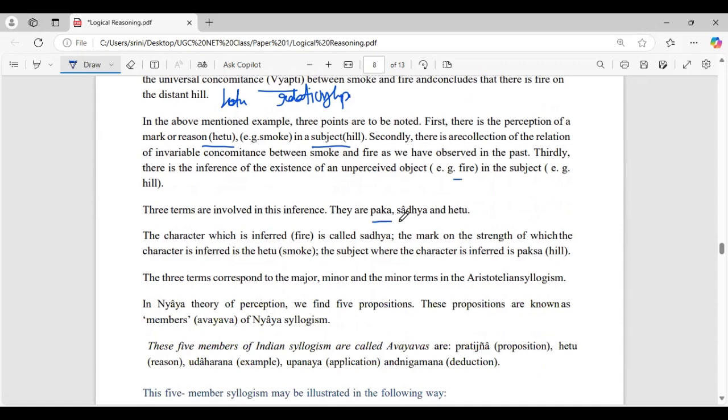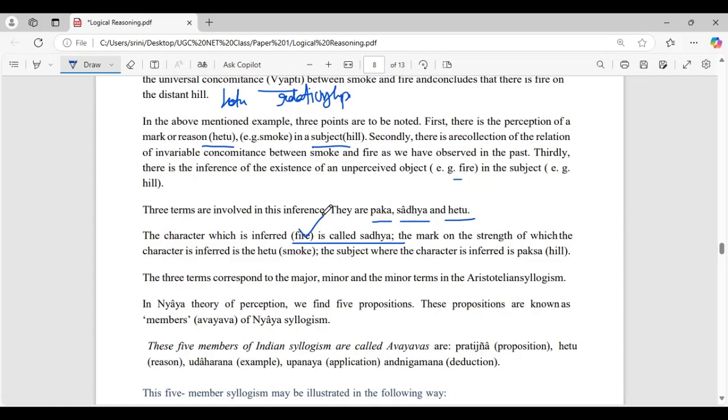They are Paksha, Sadhya, and Hetu. The character which is inferred is called Sadhya, which is fire. What we infer, we didn't see, but we infer it is there. We didn't see the fire, we only see smoke.